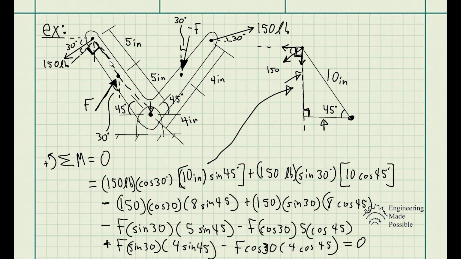Now, the very convenient reason why we would do this is because we already have the lengths. In this case, it'll be the perpendicular length, 10 inches from the hinge point to this force that's being projected, that's already a right angle with that distance. But the trick with this is finding what that angle is. So it's some geometry, some trig, trying to find what that angle is for each of the forces.